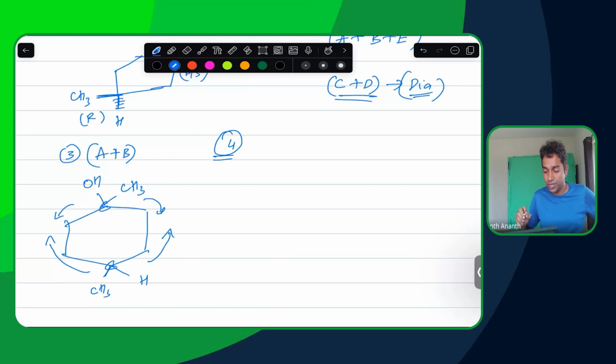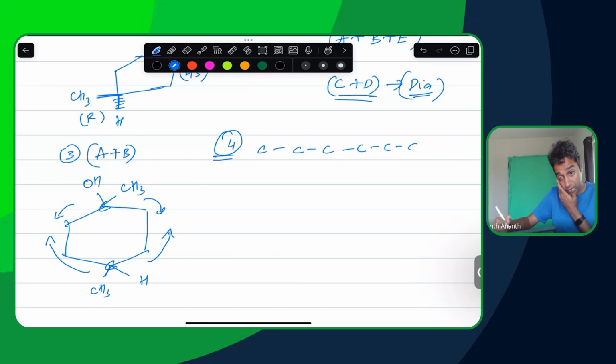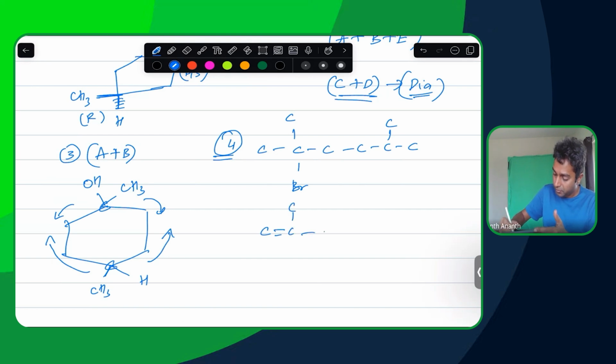Let's go for the fourth option and check it out once. Then we'll come back to third. You're going to be having CH3, 1, 2, 3, 4, 5, 6. I'm having one here. I have this one. Now if I do elimination on this, I will have one possibility like this.